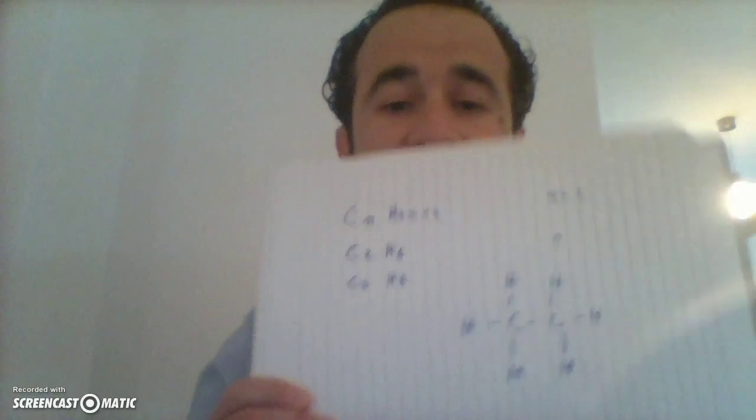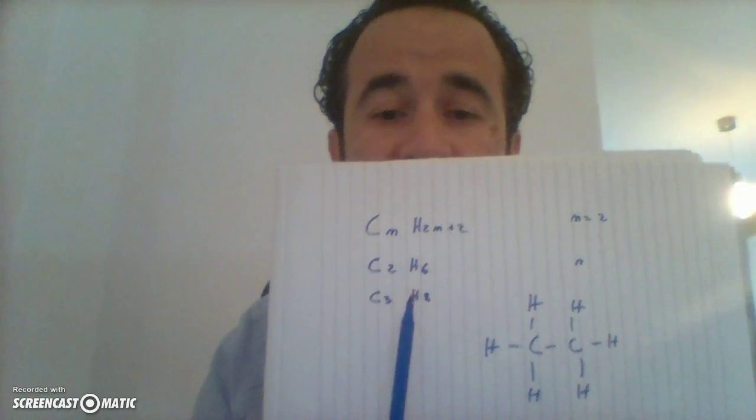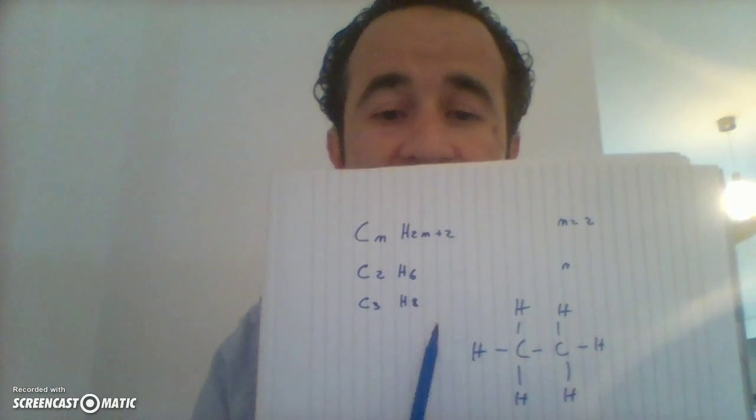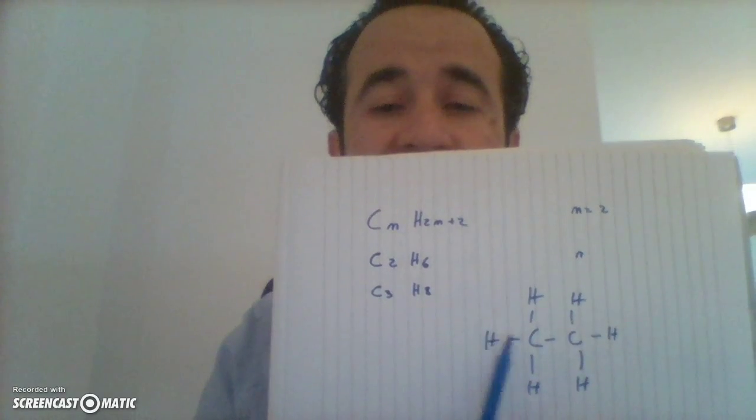Now, what I would like you to remember already is that going up with the chain length, passing from C2, C3, C4, C5, the chemical and physical properties of the alkanes change. Specifically, one property that we are going to use later on to separate them from the raw mixtures is the boiling point.